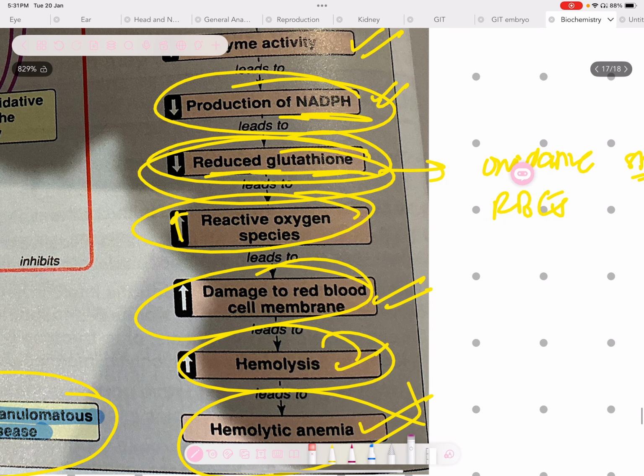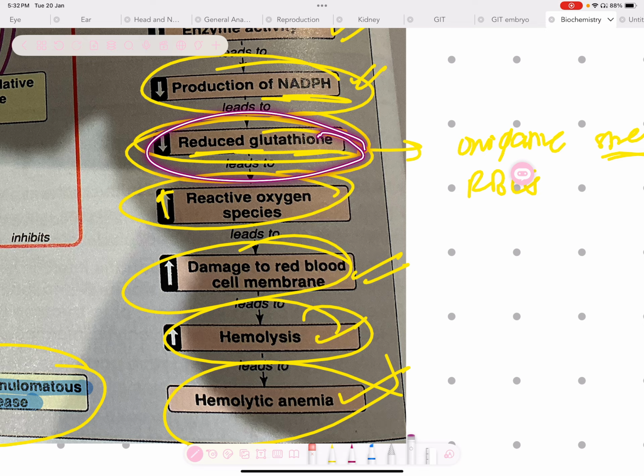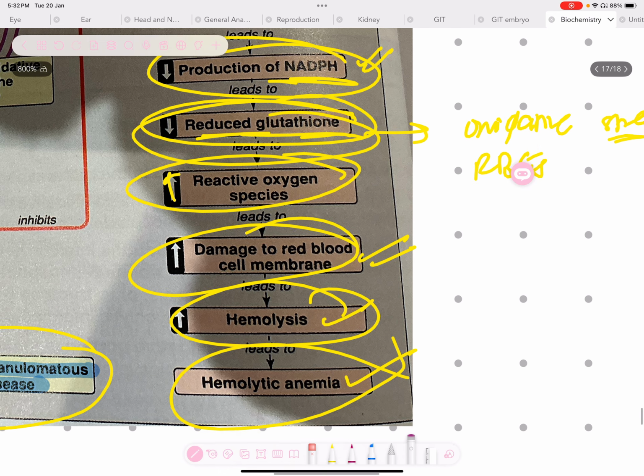Now what happens is that the anemia is caused by the inability of the red blood cells, erythrocytes, to detoxify the oxidizing agents. When G6PD is deficient, there's less NADPH, which means there's less reduced glutathione, and also there will be increased H2O2, because H2O2 is not getting detoxified, and it will lead to oxidant stress.